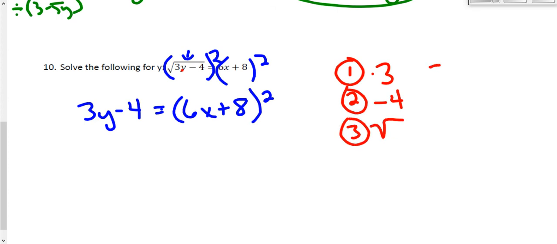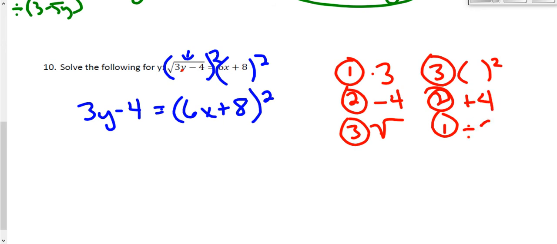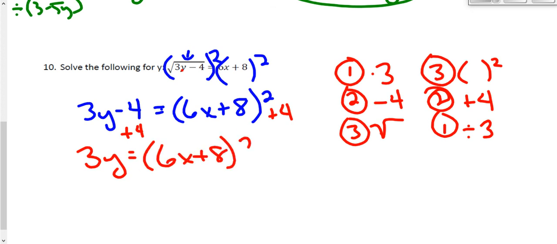So what we did is we undid the square root first. We squared both sides. Now we're going to have to undo minus 4 by adding 4. Then we're going to have to divide by 3. So we're just going to continue undoing everything happening to y. So I'm going to add 4 to both sides. I end up with 3y is 6x plus 8 squared plus 4, and last but not least, divide by 3.